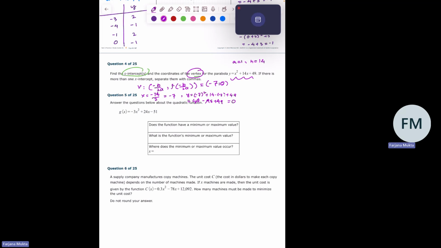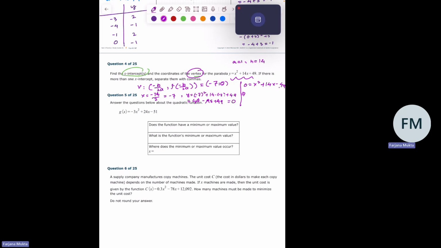All right, now to find the x-intercept, what do we do? We set y equals 0, so we will get this quadratic. Right, now you are solving this quadratic by finding factors of 49 that will add to 14. Can you think of any factors like that? 7 and 7.